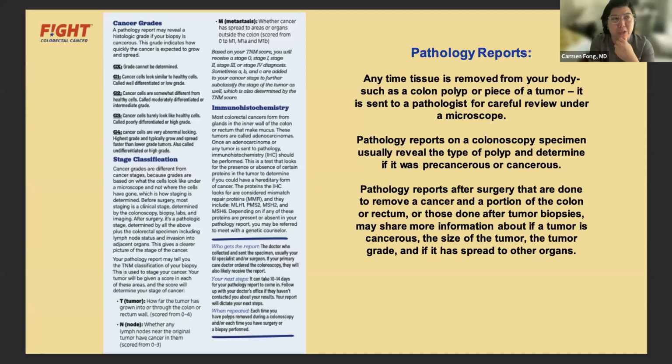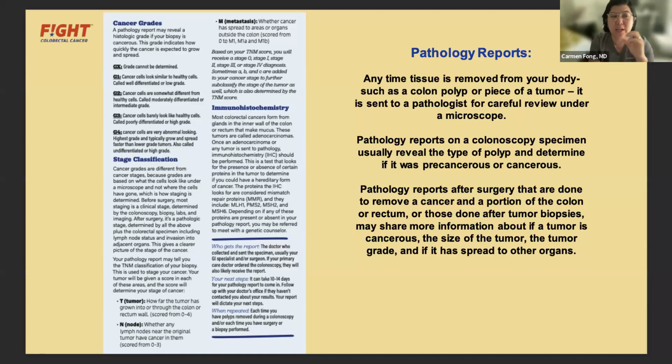One other thing I thought I would mention is that people always ask me, why does it change? I explained why the staging changes, but is there any concurrence between the clinical staging and the pathologic staging? It's generally felt to be about 80%. So it's pretty accurate the first time when you have all your imaging and your biopsy; the staging will be about 80% accurate compared to the surgical pathology.